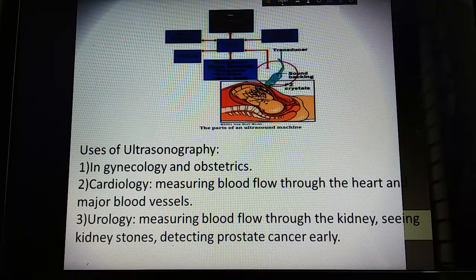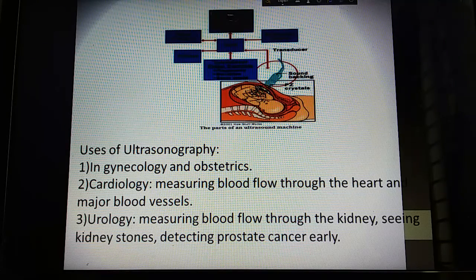The most prominent use of ultrasonography is in gynecology, then in cardiology, measuring blood flow through the heart and measuring blood vessels, in urology, measuring blood flow through the kidney, seeing kidney stones, detecting prostate cancer, etc. And in gynecology, the most important use is to know about the fetus, the position of the fetus, the condition of the fetus, and the size, position, etc. can be determined by ultrasonogram.